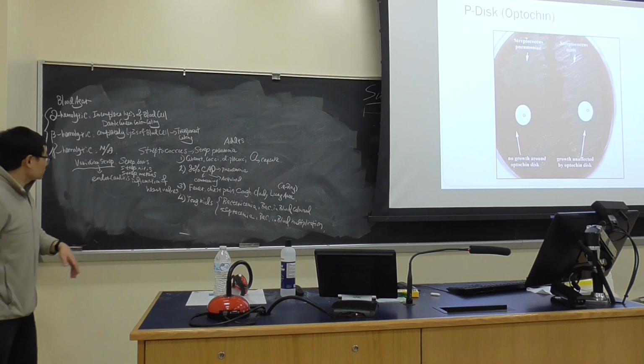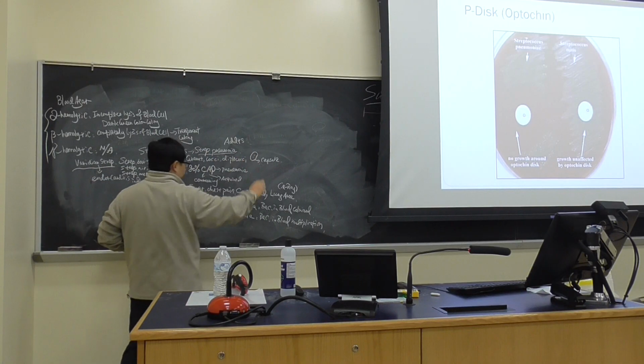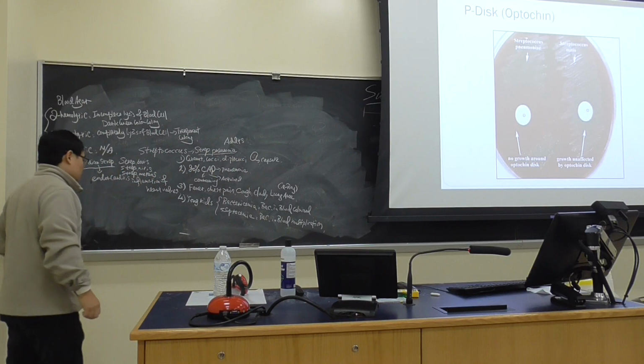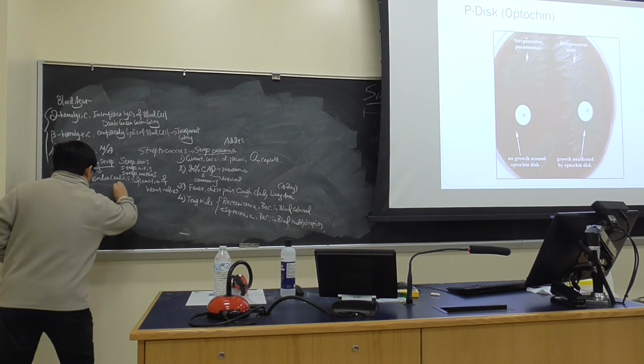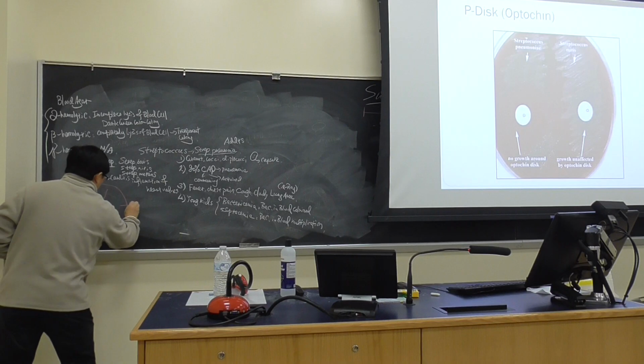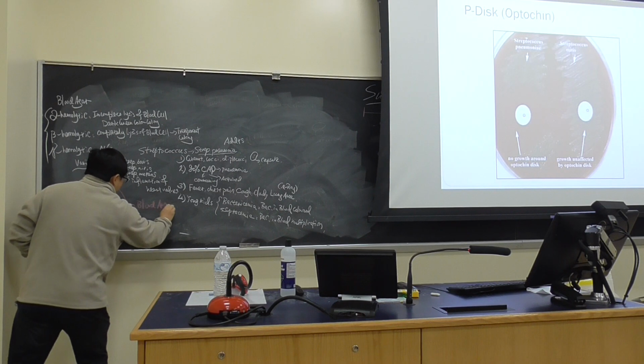So we just mentioned you have viridans streptococcus and you have Streptococcus pneumoniae. How do we differentiate them? On a blood agar, people add a magic disc.